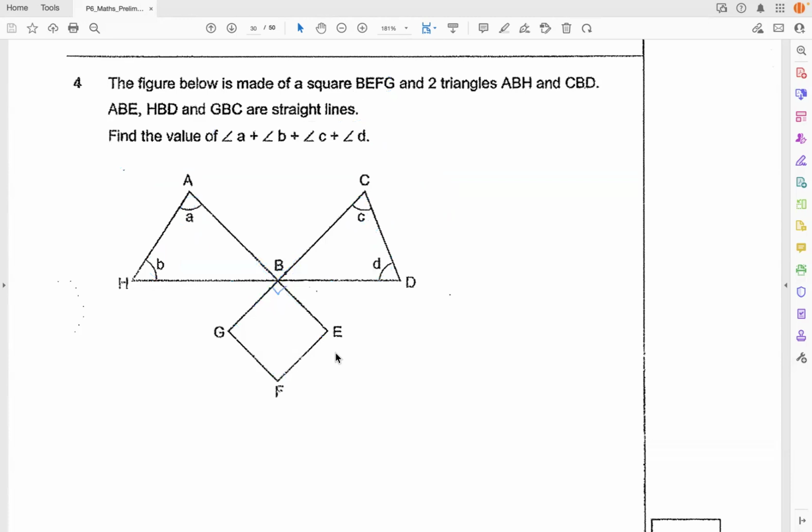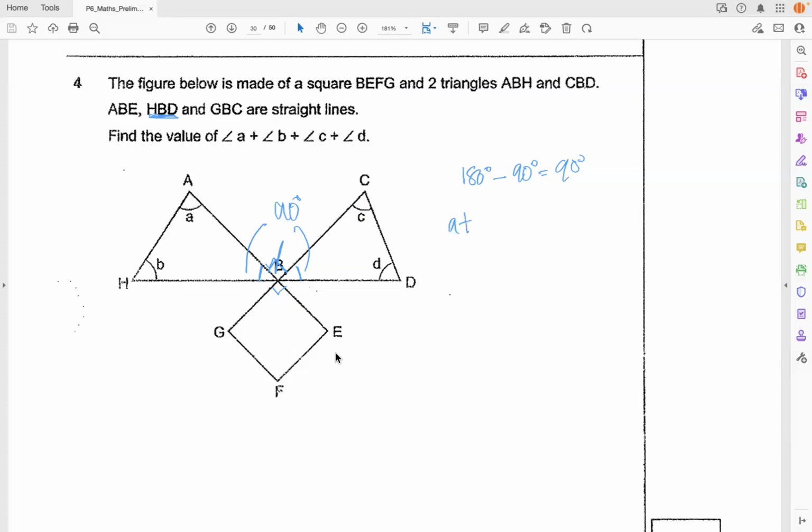Okay, so I know this is 90. And because HBD is a straight line, angles on the straight line will add up to 180 degrees. So this angle plus this angle is actually equal to 180 minus away this angle. So therefore, this and this is 90 degrees. All right.